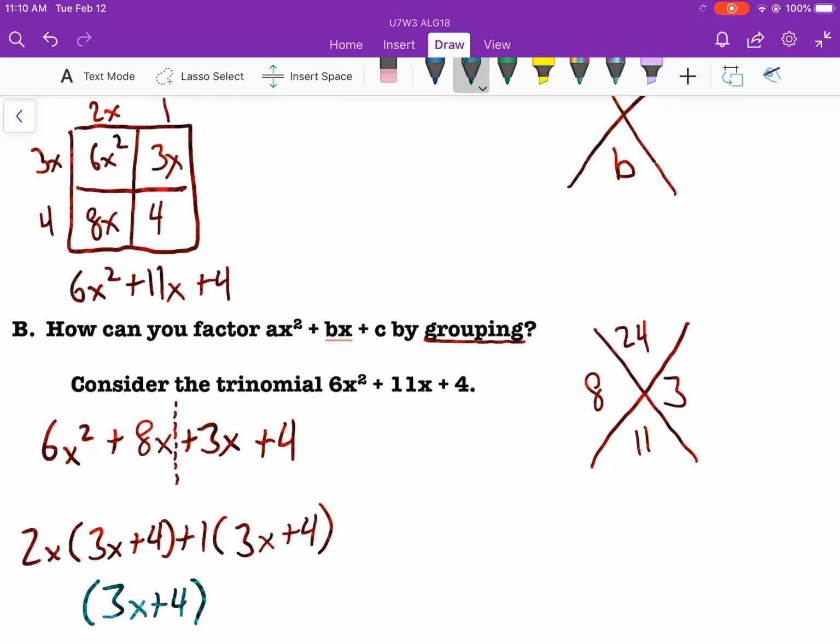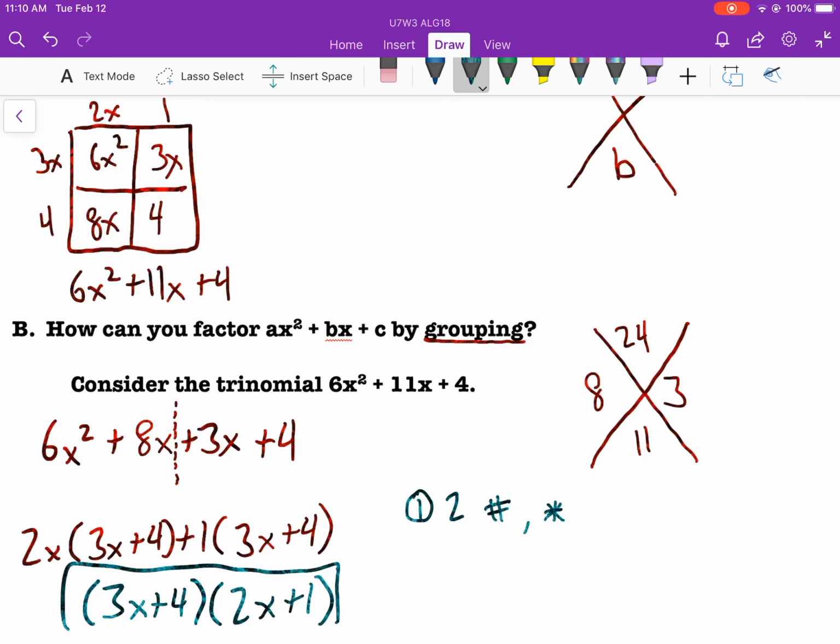Okay, so what did we do? For those of you that like to list, we found two numbers that multiply to that and add to that.